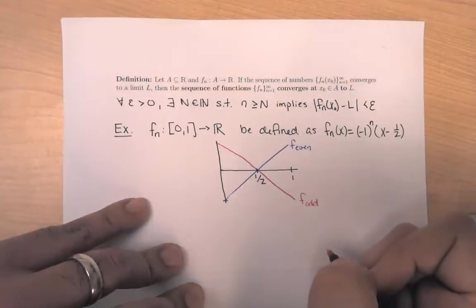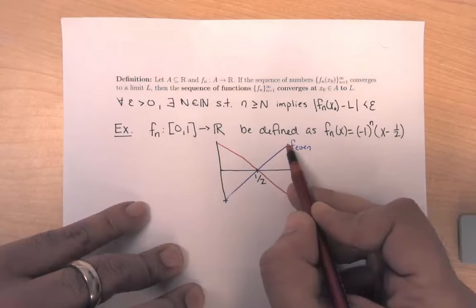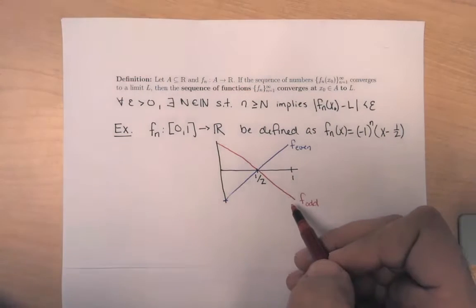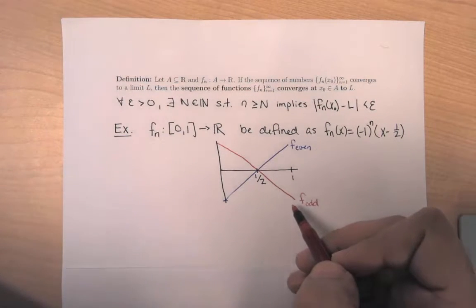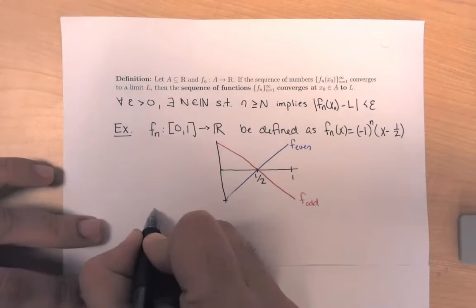So when n is 1, I get this function. When n is 2, this one, 3, 4, 5, 6. We see the function just flip-flops. However, at 1/2, it stays the same.